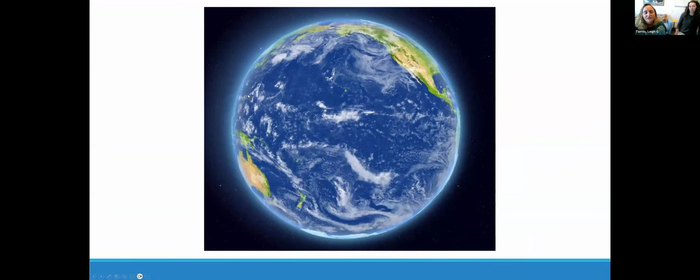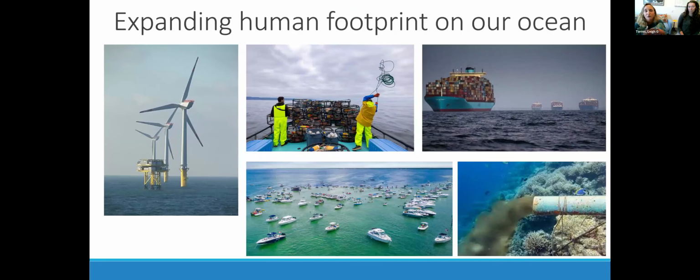All right, so as most of us probably know, the oceans cover more than 70% of our planet, and previously humanity thought that this large expanse was inexhaustible, that no matter what we did to it, we'd have limited impacts on it. But what we've seen is that as human populations have grown and grown, we have an expanding footprint on our oceans, particularly in coastal zones.